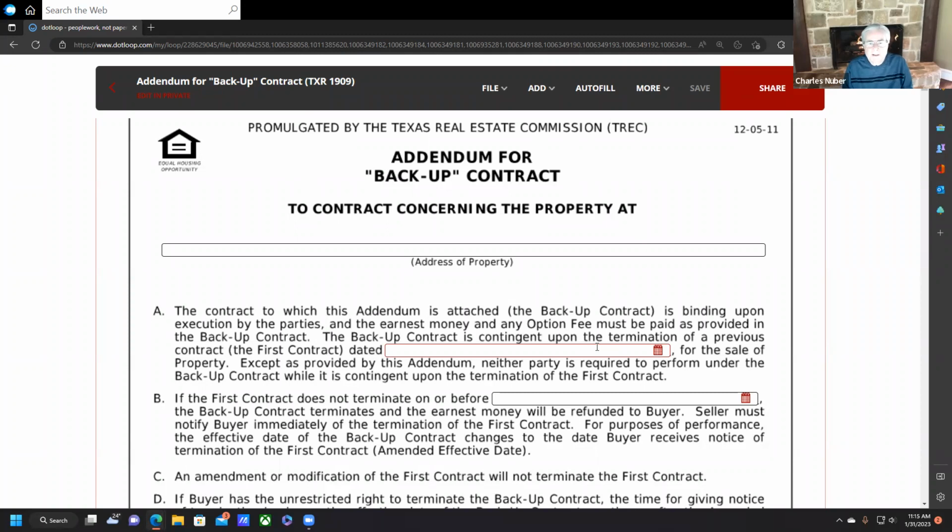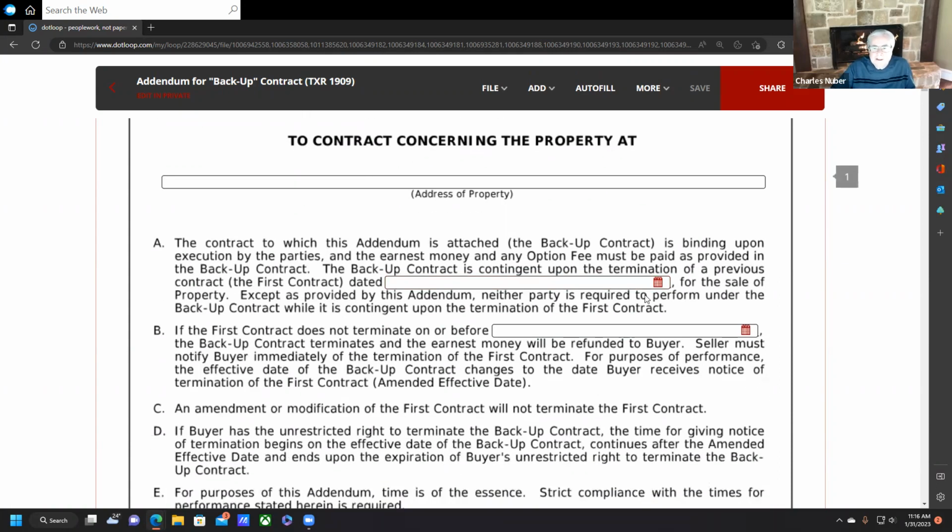You can't set up a bidding situation. So therefore, you want to try and do a good market study and come in, if you can, for what you think might be a little bit more than what the other contract executed at. That way, that is an incentive for the seller to go ahead and take your contract and then hope that the other contract terminates. So trying to add strength to your backup contract.